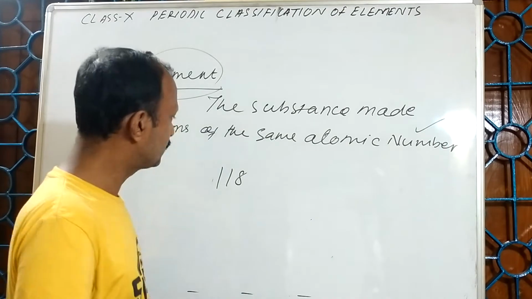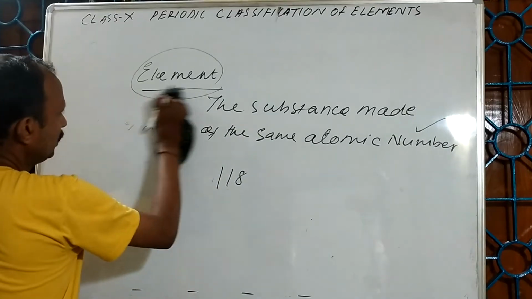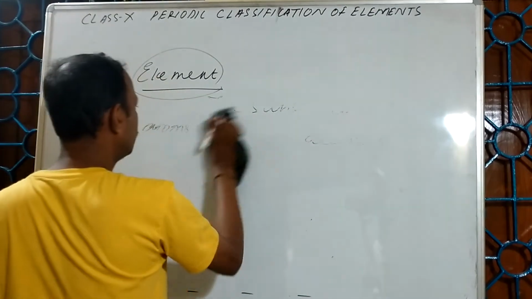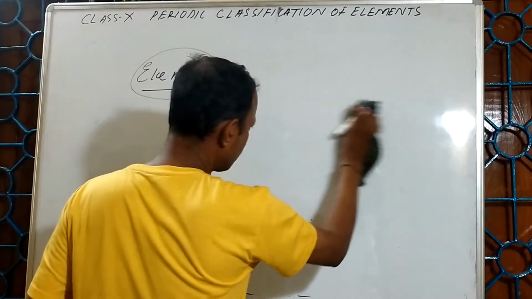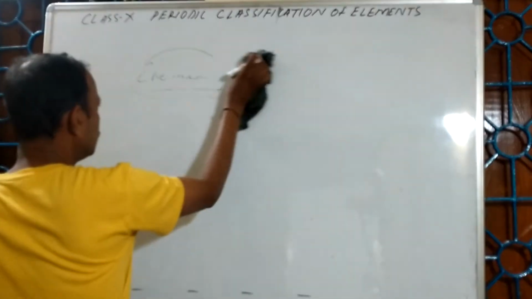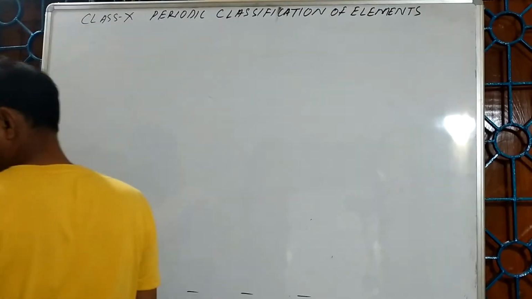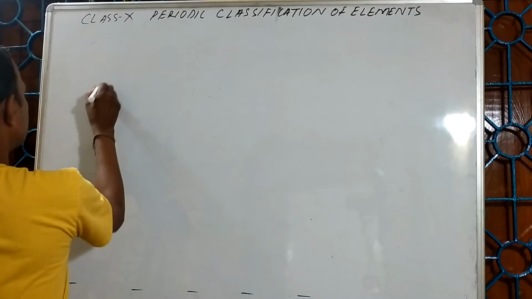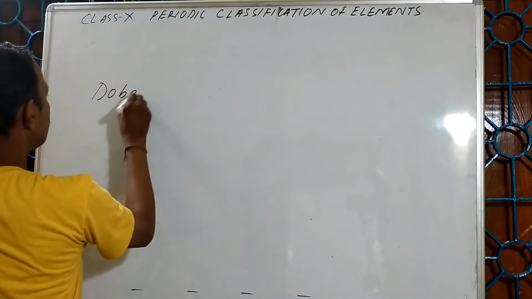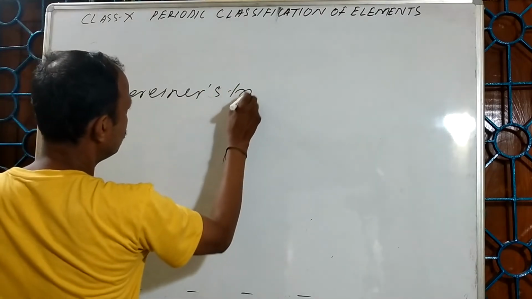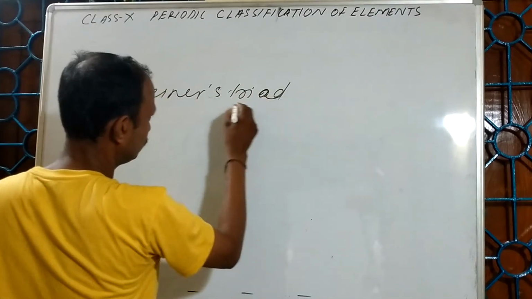So, in this connection, the first remarkable attempt was made by one German scientist, Johann Dobereiner. So, first I am going to explain what is Dobereiner's triad.